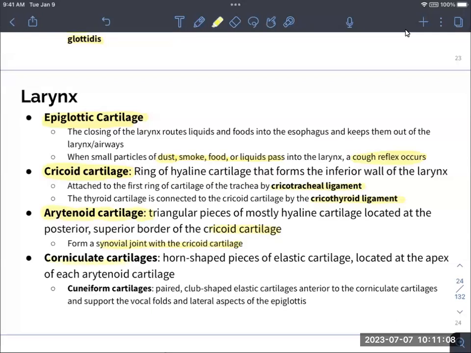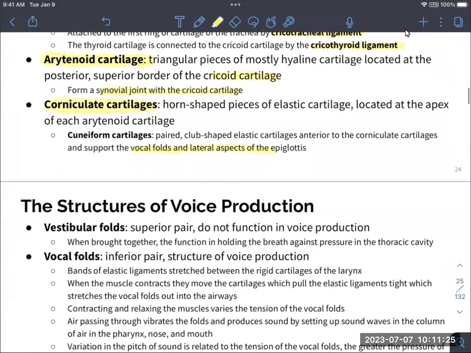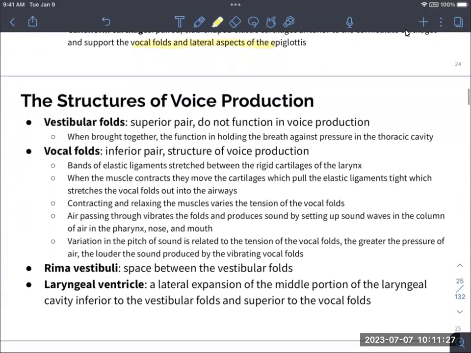We have the corniculate cartilage, which looks like little horns. These help the vocal folds and part of the epiglottis as well. So these are all the different parts that help you produce a sound with your voice.